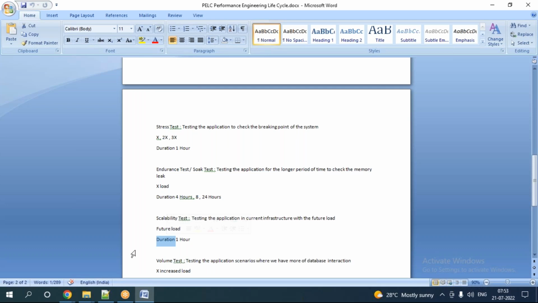I'm expecting probably a 10 percentage increase or 20 percentage increase next year. Which means how much? 20 percentage means 60,000, right? So next year on Black Friday I'm expecting 60,000 users, because year over year my user base is increasing by 10 or 20 percentage.